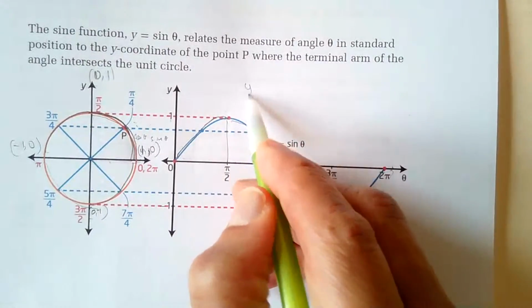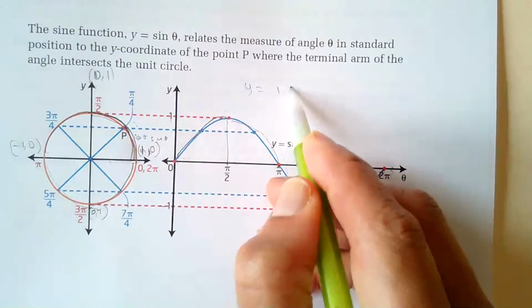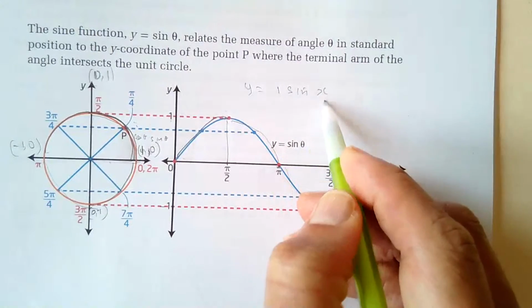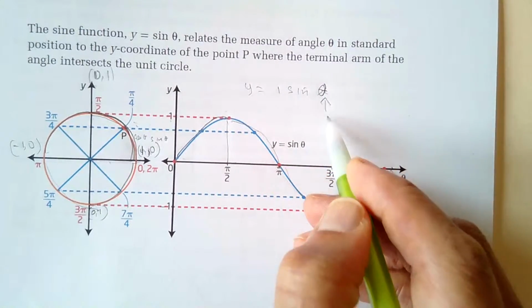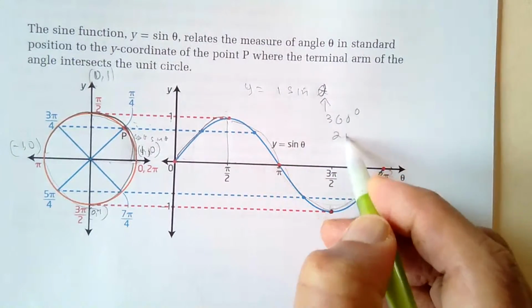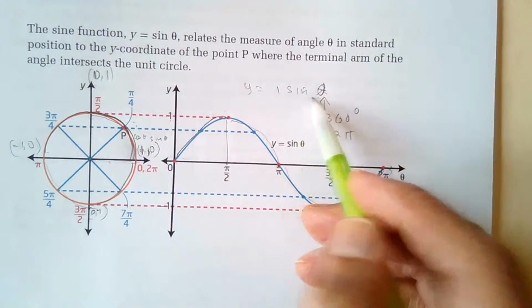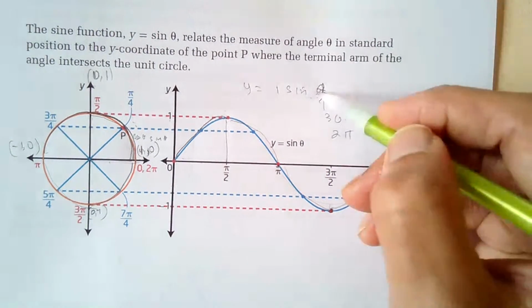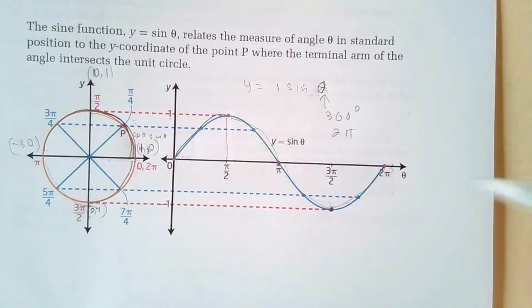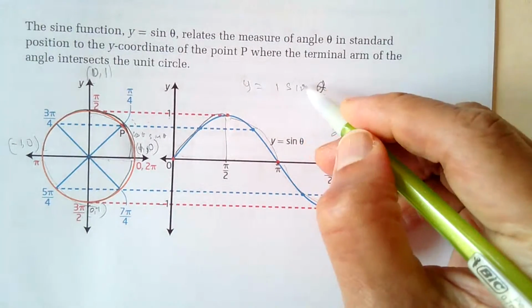Now, this is y equals 1 sine x. Now, the x, or theta, is 360 degrees, or 2 pi. So by standard, theta represents 2 pi, or 360 degrees.